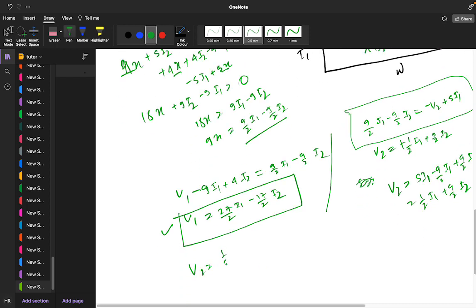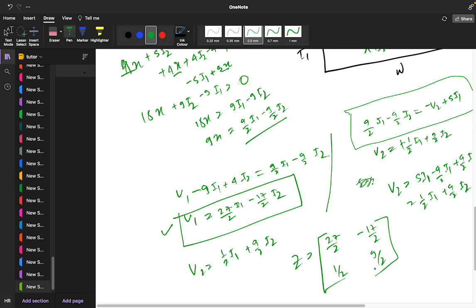V2 is 1 by 2 I1 plus 9 by 2 I2. So the Z parameters are coming. Z11 is 27 by 2, Z12 is minus 17 by 2, Z21 is 1 by 2 and Z22 is 9 by 2. So this way we can solve this question.